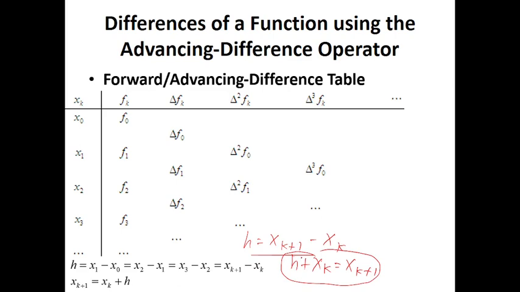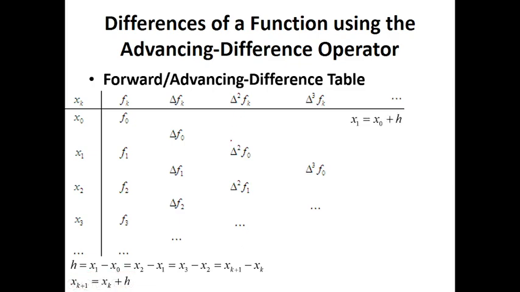This is the same as this. Knowing that, if k is 0, what will happen? If k is 0, we have x sub 1 equals x sub 0 plus h.